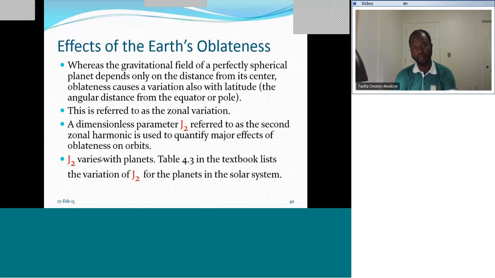And the dimensionless parameter J2, which is referred to as the second zonal harmonic, is used to quantify the effects of the oblateness on orbit. J2, of course, varies with planets. There's a list of the variation of J2 with planets of the solar system in the textbook.